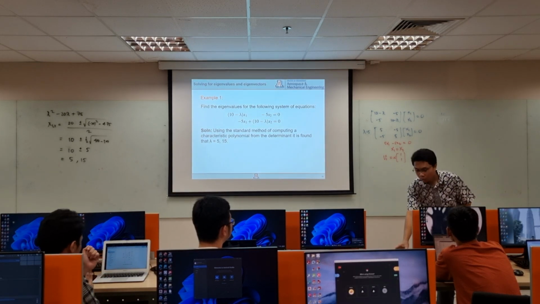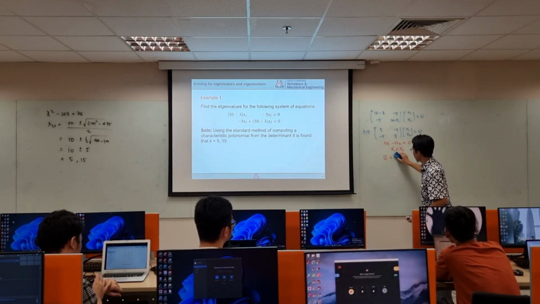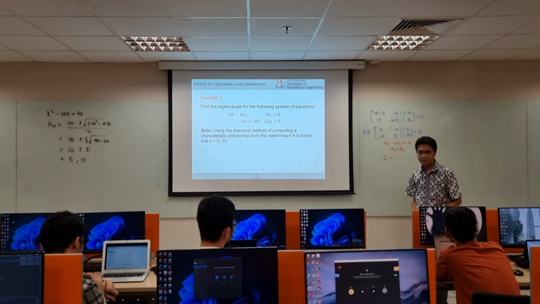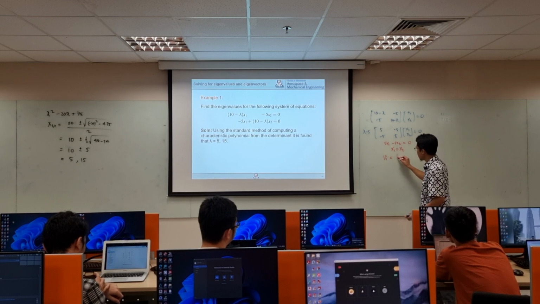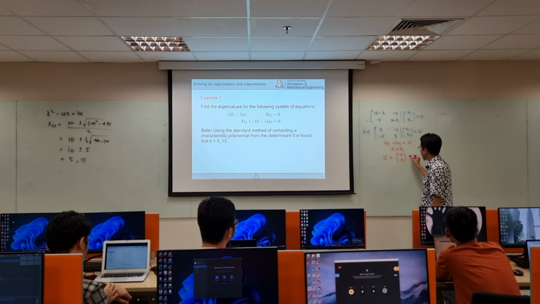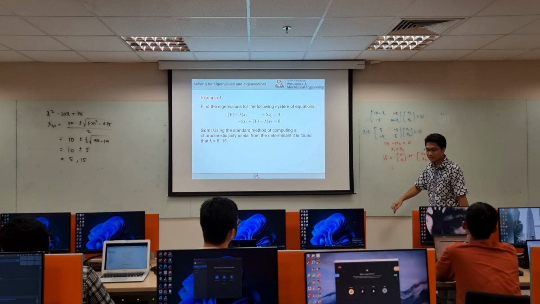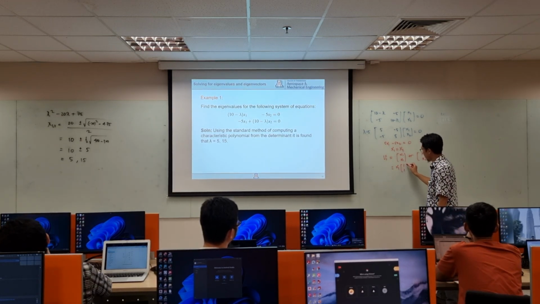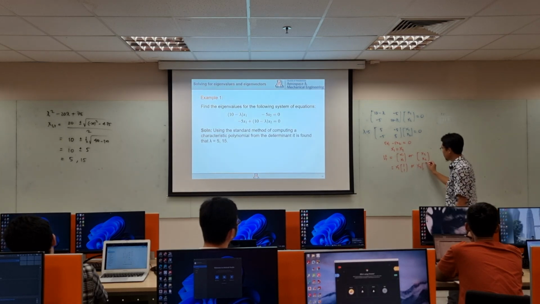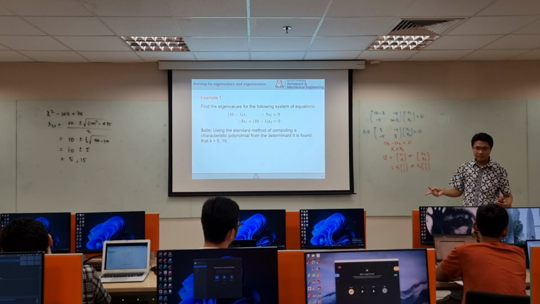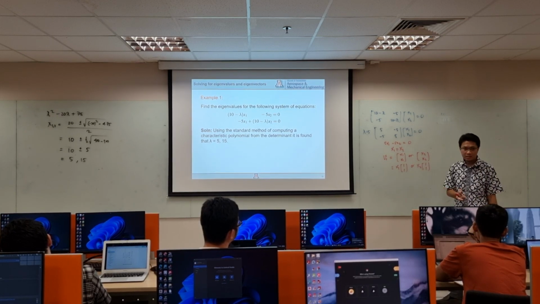We say x1 is equal to x2, so x2 equals x1. You can take out x1 or x2, leaving 1, 1. Because an eigenvector is just a direction, do the values of x1 and x2 matter?